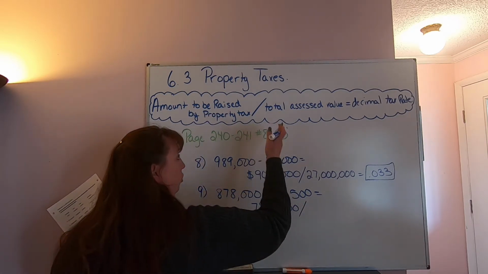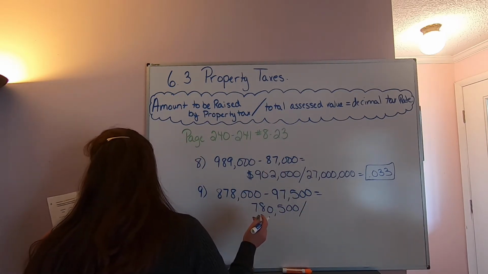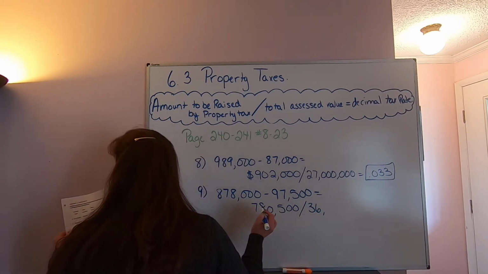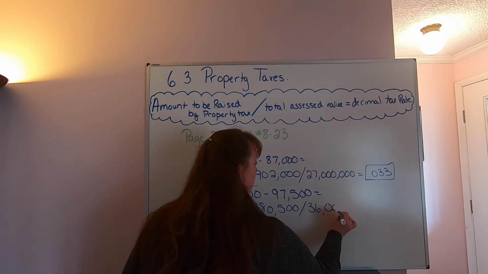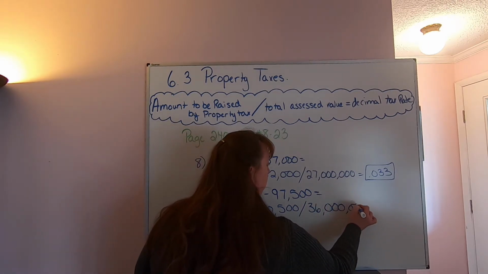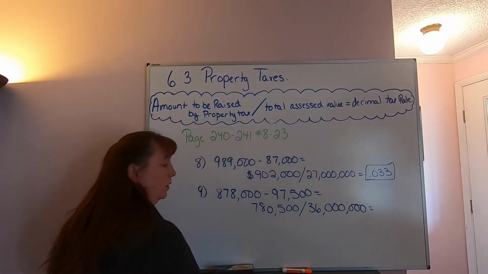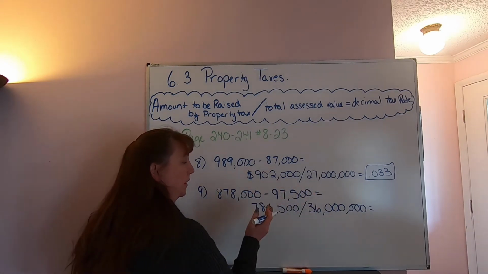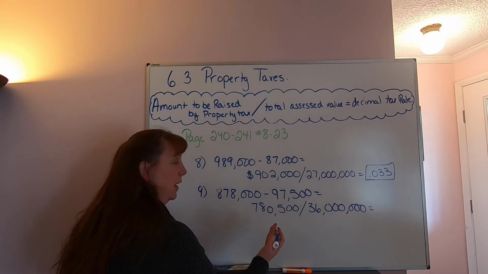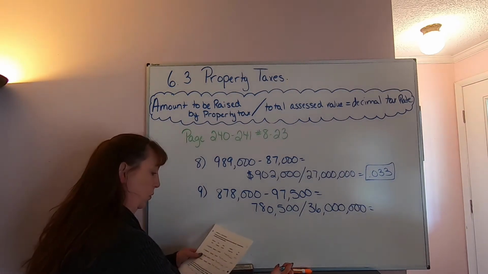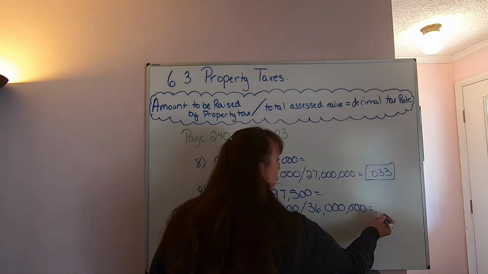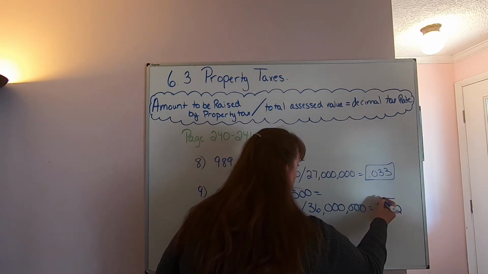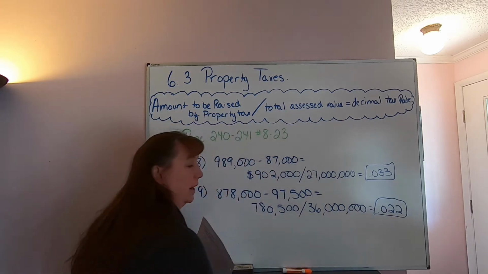Divide it by the total assessed value in the district, which is 36 million. When you divide the money to be raised by the assessed value, you get a decimal tax rate. Again, we were supposed to go to 3 decimal places: 0.022. There is our tax rate.